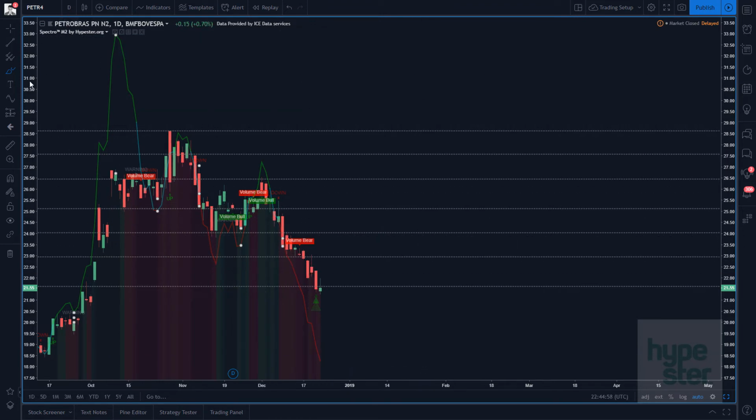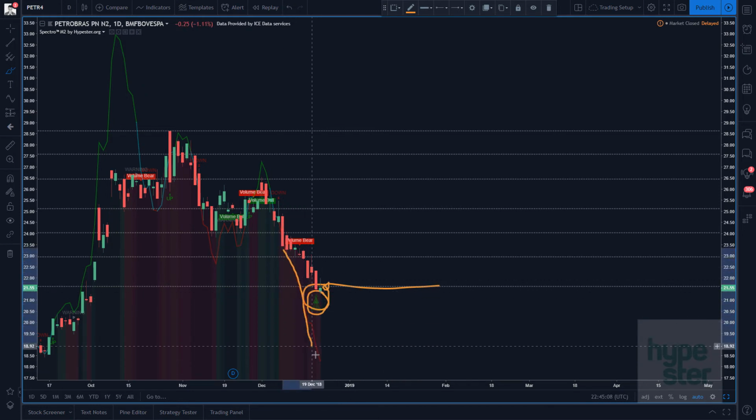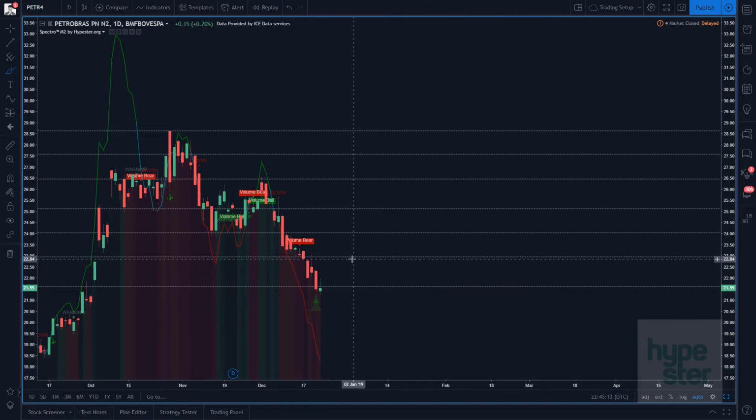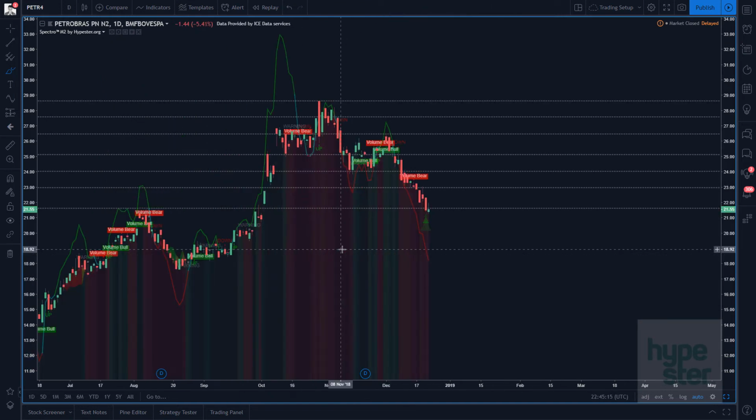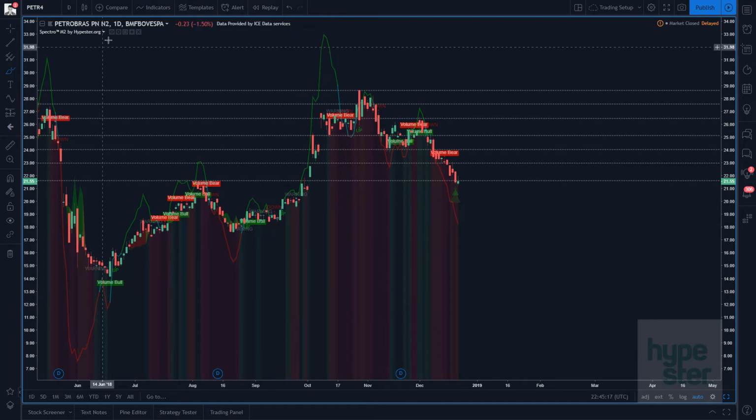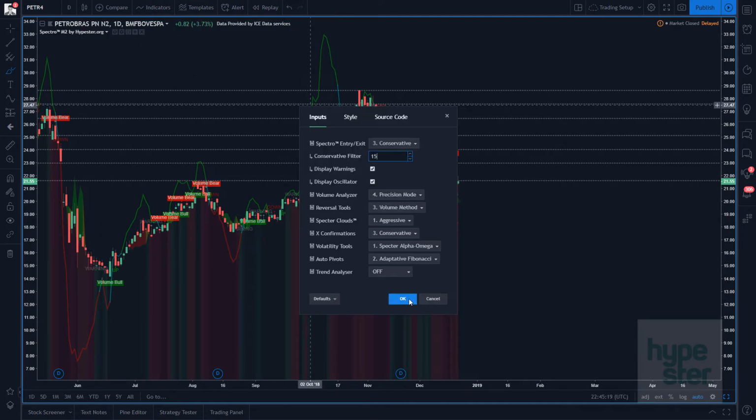For instance, in this case, it just breached the very last one, with the X-conf, the oscillators all the way down there. So that might actually be a really good signal. You know what I mean? Do we have alpha? Yeah, we do.